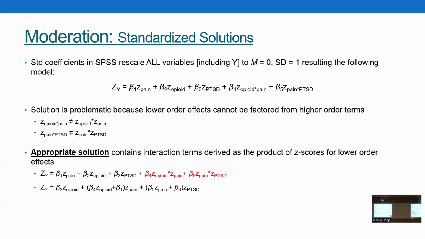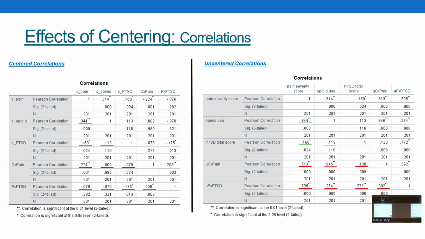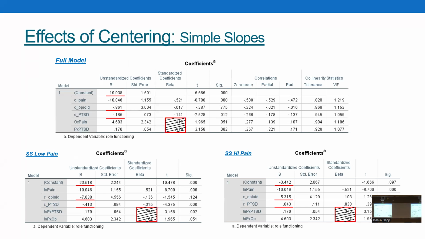And so as a consequence, if you wondered why I have these little boxes canceling this stuff out, that's because these standardized coefficients that SPSS is giving you for your interaction terms are not technically appropriate. They're not accurate. They're not right.